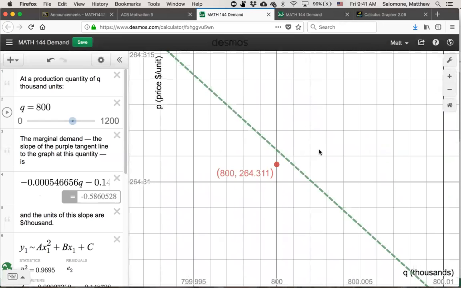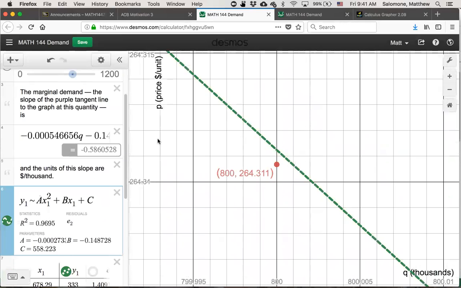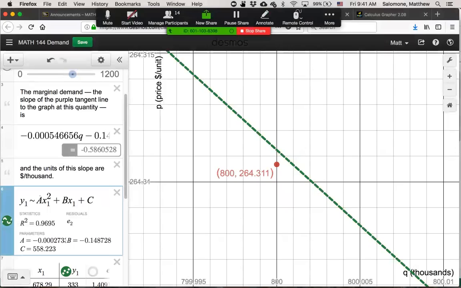So the question I want to ask again is, if I move forward from 800,000 units of production to 800,001, in other words, if I just bump this forward to the next point, 800.001, what's going to happen to my price? I'm going to move this so that it actually lines up with the graph a little bit better.